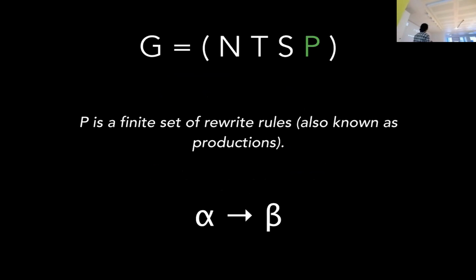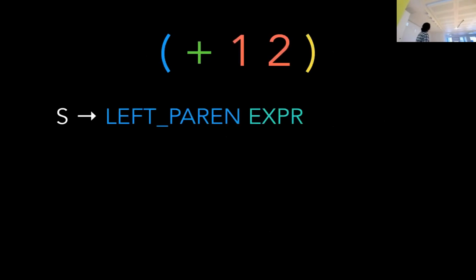And rewrite rules come with the form alpha to beta, and alpha can be either a non-terminal or a terminal symbol, but there must be at least one non-terminal symbol so that it can actually evaluate from a non-terminal to some other symbol, which can be a non-terminal or a terminal. And so going back to the example, the start symbol was actually a production rule.